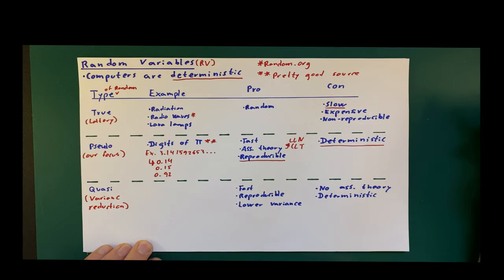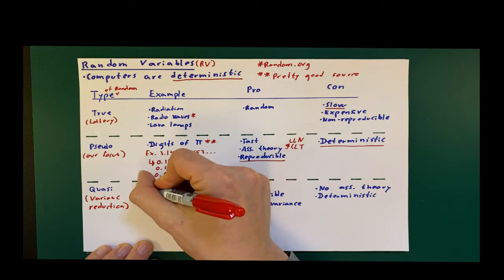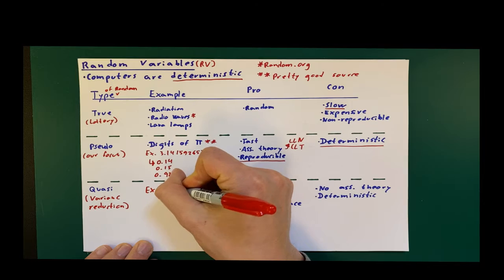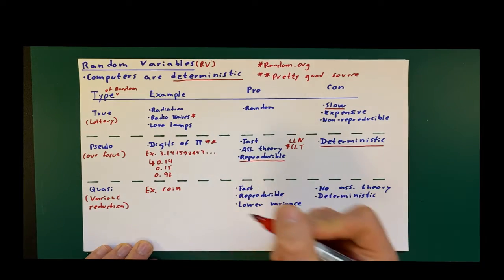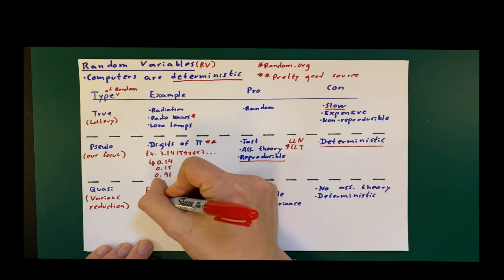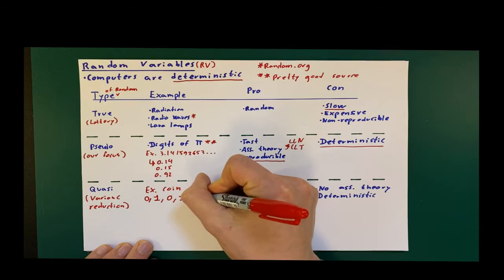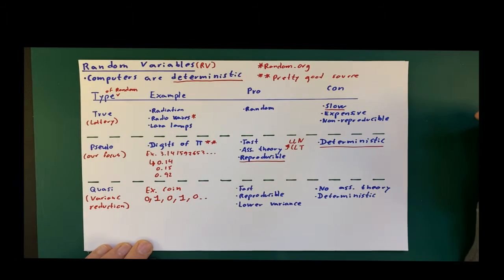Right? And just to give an illustrative example of what these are all about, if we have an example for a coin, then we might take the quasi-random numbers as 0, 1, 0, 1, 0, and so on, right?